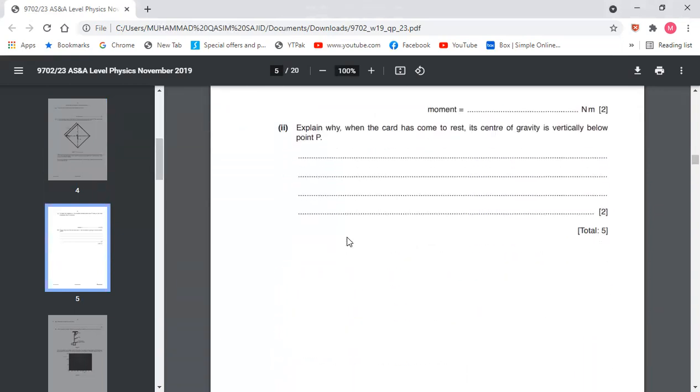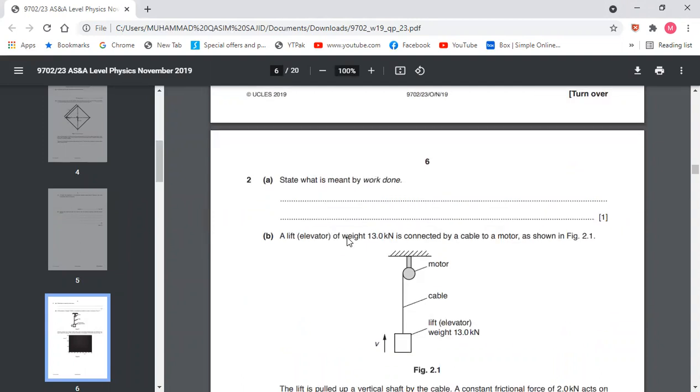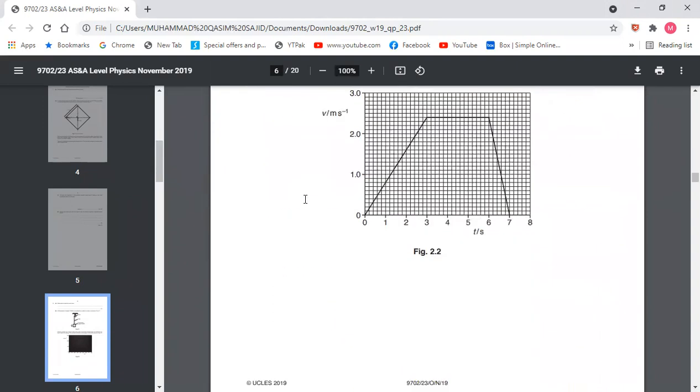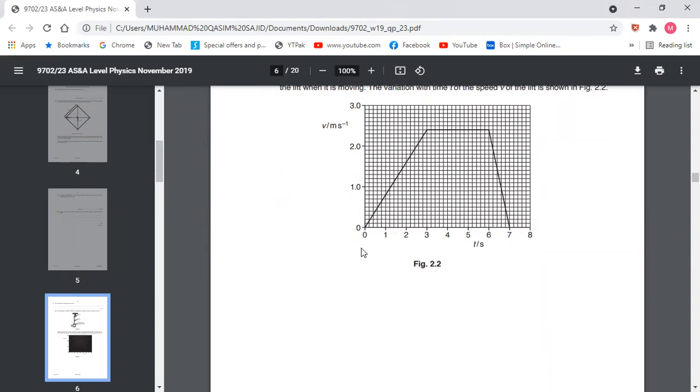Now this is the end of question number 1. Question number 2 is, state what is meant by work done, which I have described earlier. For the second part, a VT graph is given, velocity with respect to time.